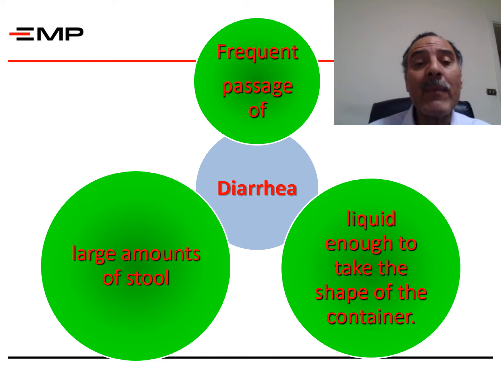But regarding the amount, we have a problem, because one motion may be large and others are not, so the total amount of losses is not very large. This drives the scientific community to use the terminology purging rate. Purging rate is the amount of stool per kilogram body weight of the individual per 24 hours.